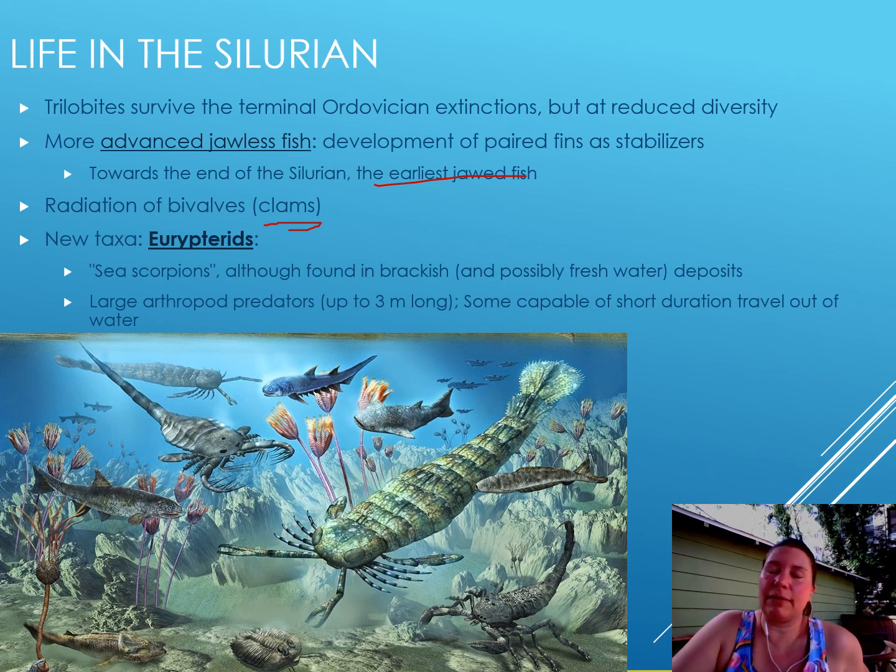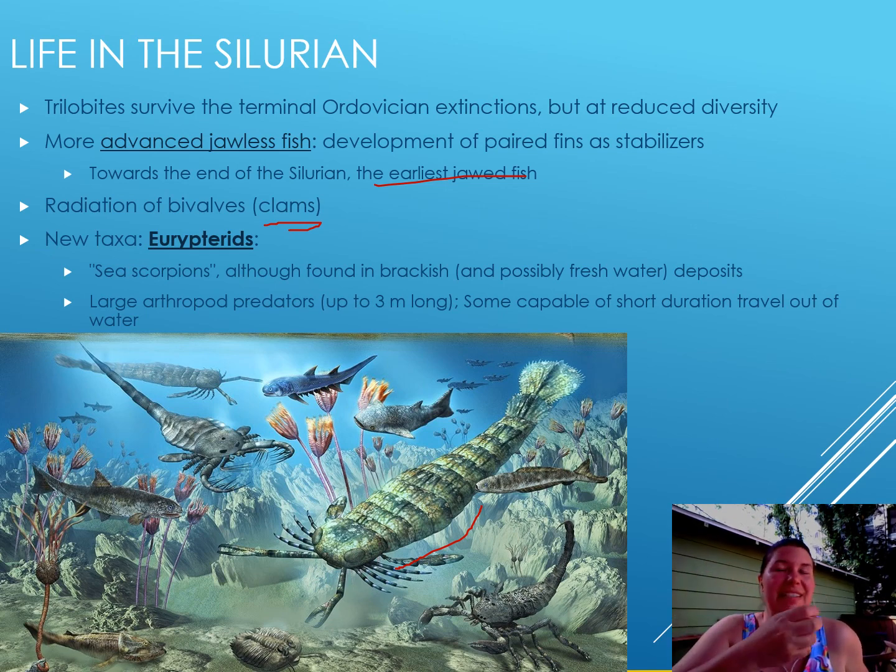These are often found in salty or a mixture between salt and freshwater deposits, and maybe even some rivers too. So this is an animal that's starting to move up streams. Some of them could be up to 9 feet long, so we're talking about the largest predator up to this point. And we know that some of them were actually capable of walking around on land.